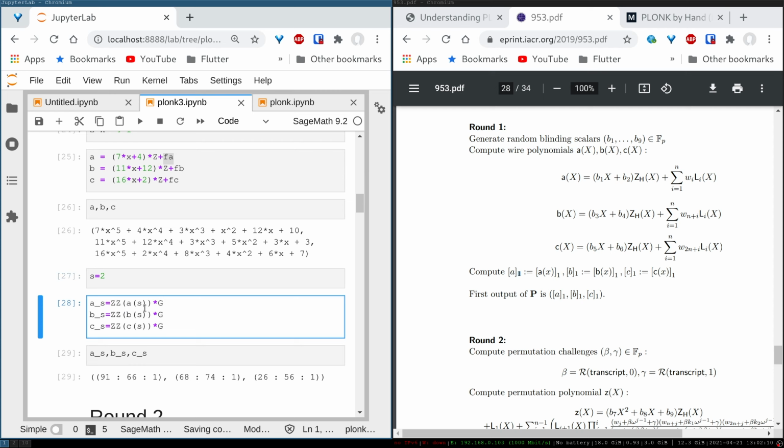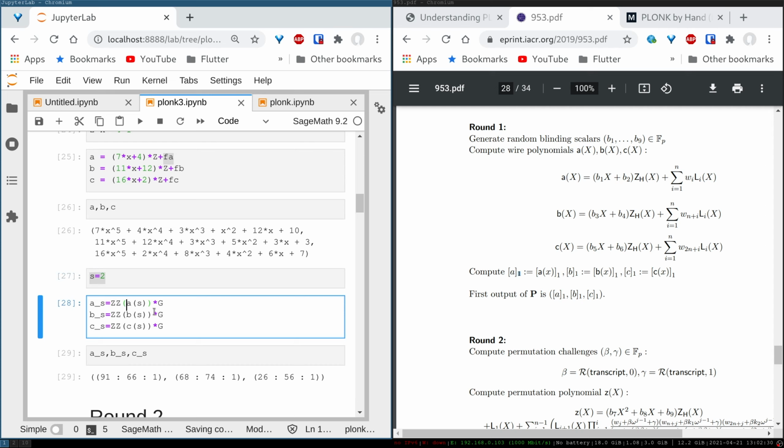So what I did instead was take a shortcut by saying that we evaluate A, B, and C at the point S, and we multiply by G. So that's what is done here. Obviously, normally you don't know S, so you should not be able to do this calculation directly.